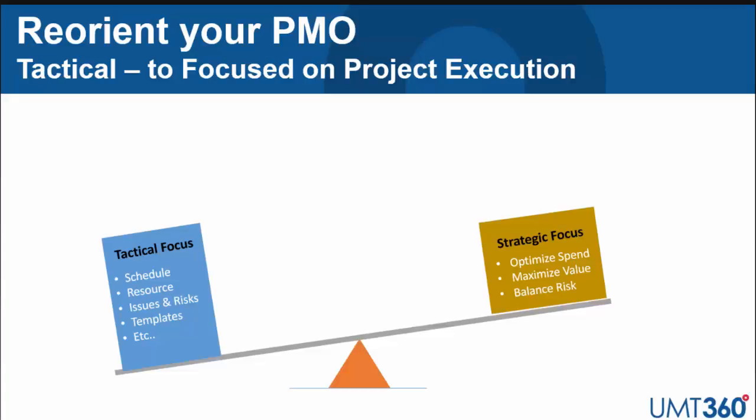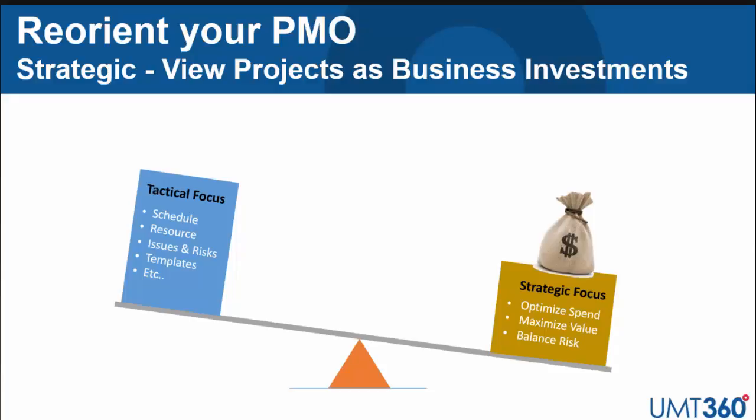What I am saying, though, is that PMOs need to start to view projects as business investments, which they are, investments to drive revenue, reduce costs, align with compliance mandates. And if you agree with that definition, the PMOs have to take strategic responsibility for optimizing spend, maximizing value, and balancing the risk across the project portfolio.